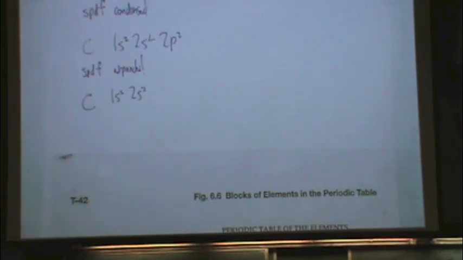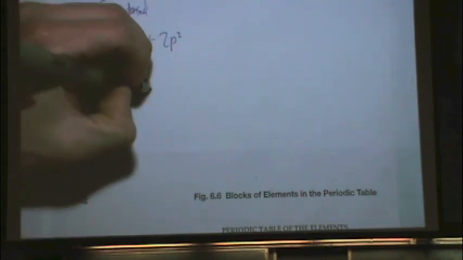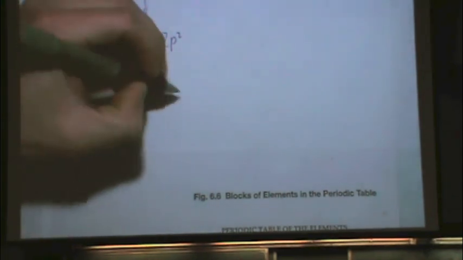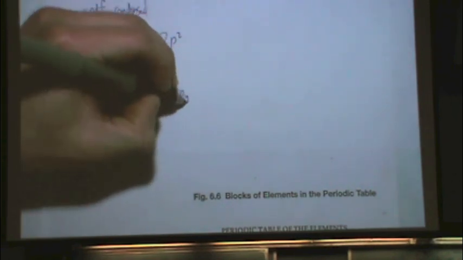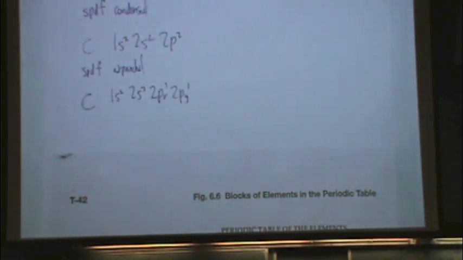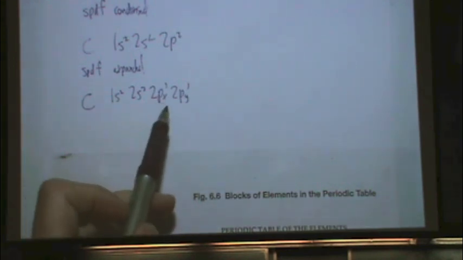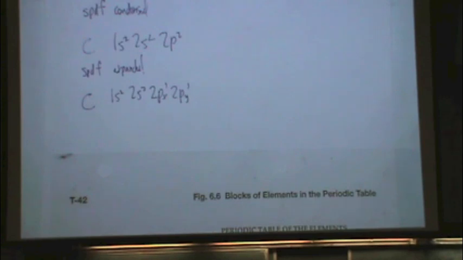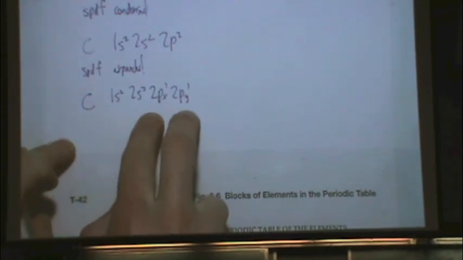What does happen, though, is the p orbital, as you know, has 3 different orientations, the -1, 0, 1, or x, y, z, right? So we're going to expand this as 2px1, 2py1. Because one electron is going to sit in the x orbital, and one is going to sit in the y. We'll talk about why they're not both in the x orbital in just a second, but suffice to say, this is how we would expand it out.